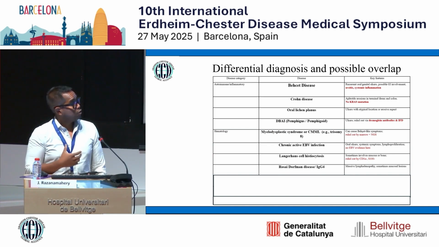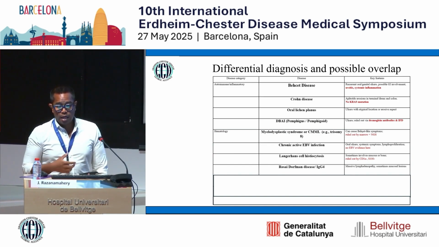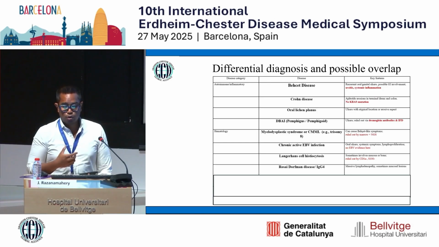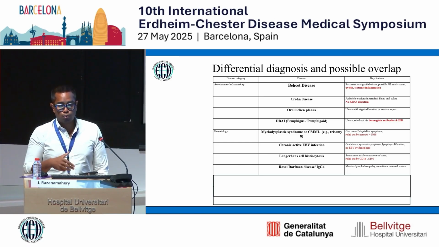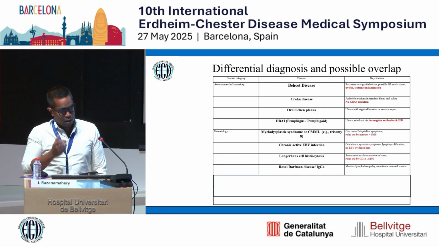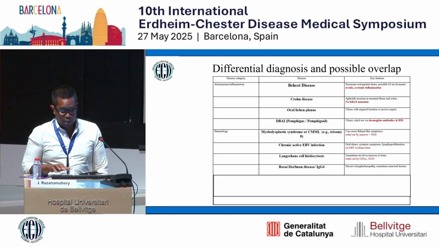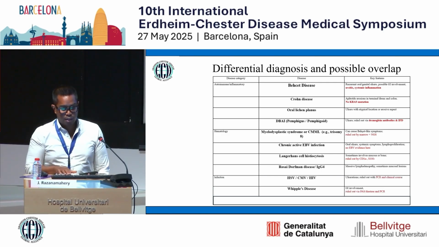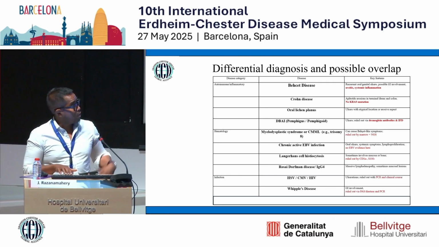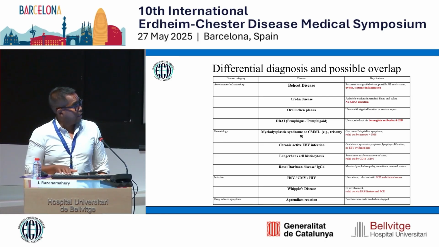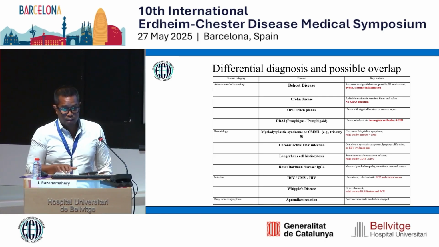All the hematological stuff, because CMML or MDS with trisomy 8 can present with Behçet-like symptoms. Chronic EBV, LCH can be present in the colon, or Rosai-Dorfman disease with the massive parotidomegaly and lymphadenopathy. We had to rule out infection, of course, and non-tolerance of apremilast.